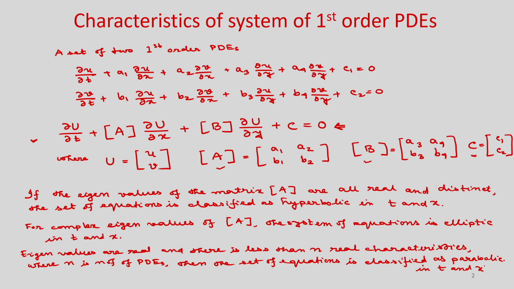Similarly, for the eigenvalues of B, with fewer than n real characteristics, the set of equations will be classified as parabolic in T and y.